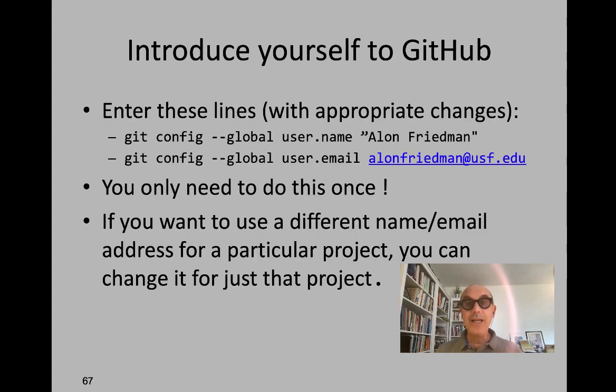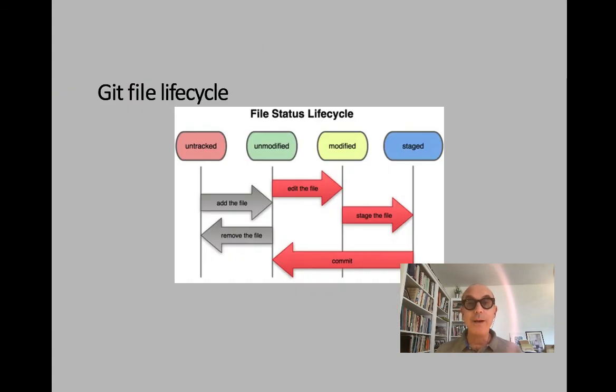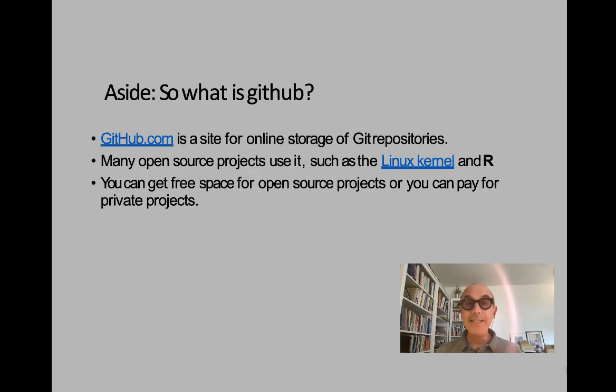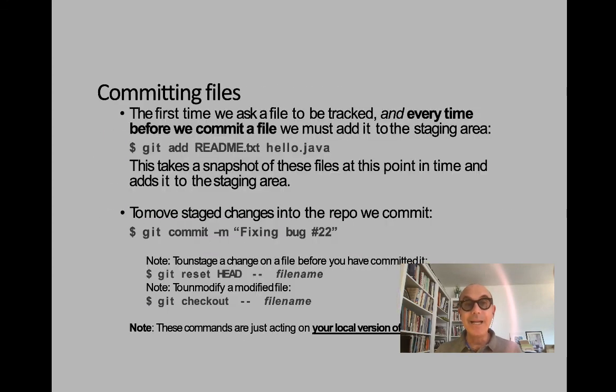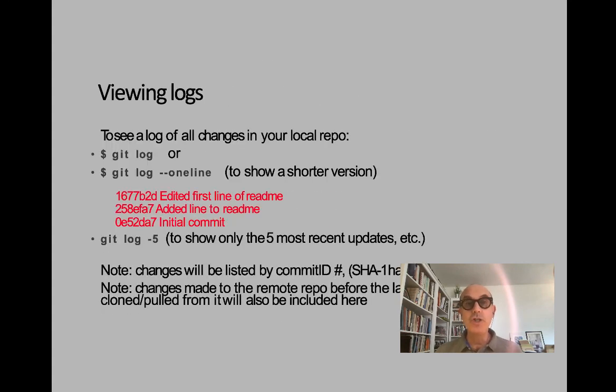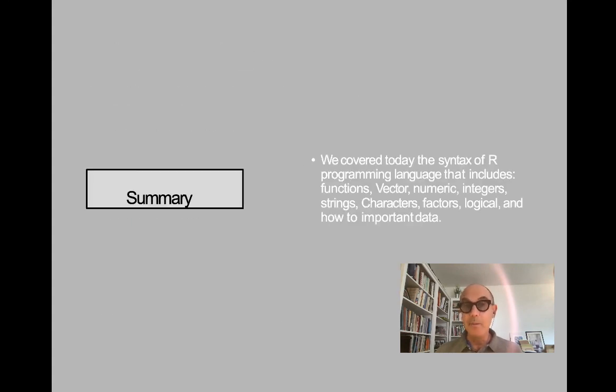So these are the instructions. I talked about the basic workflow. This is a little bit more advanced for our next class, but I want you to see what it means and how it applies. But we will talk about GitHub later on.